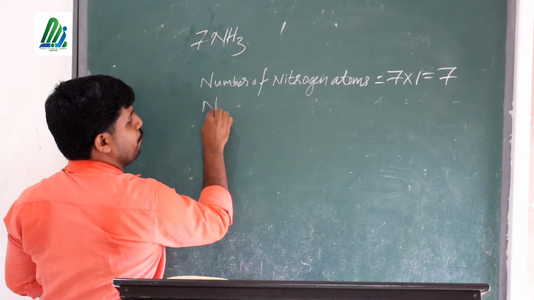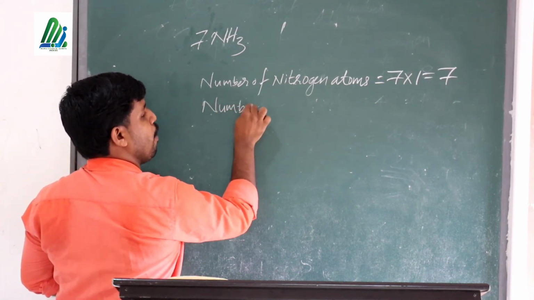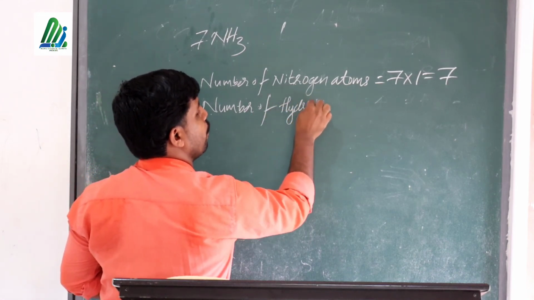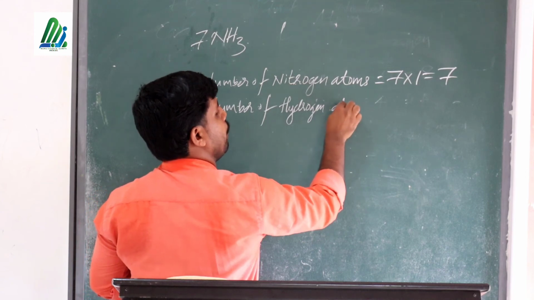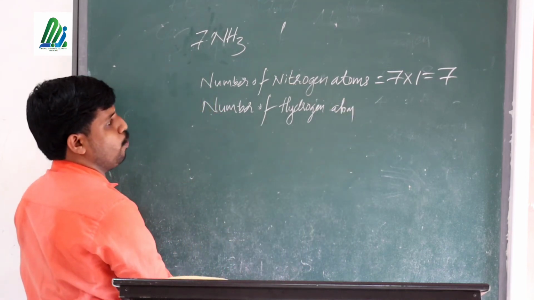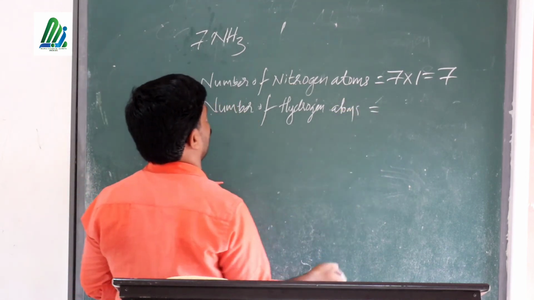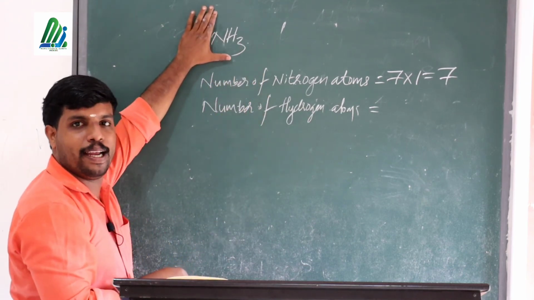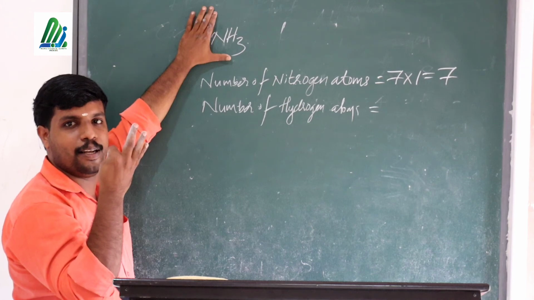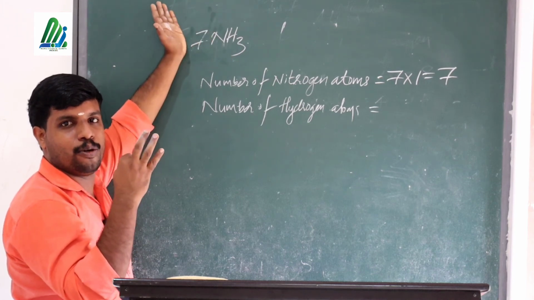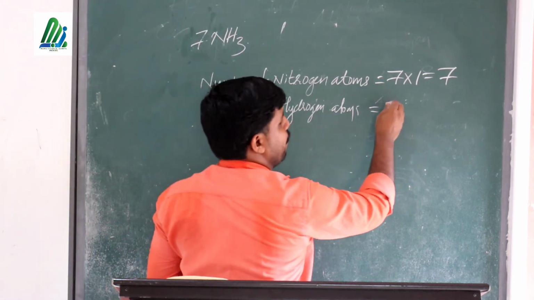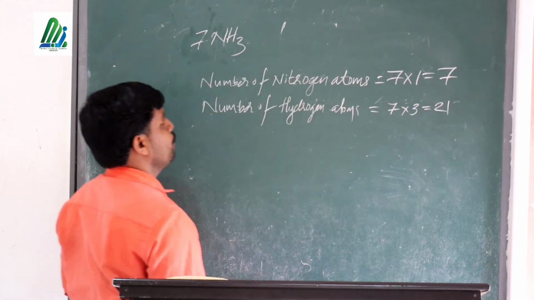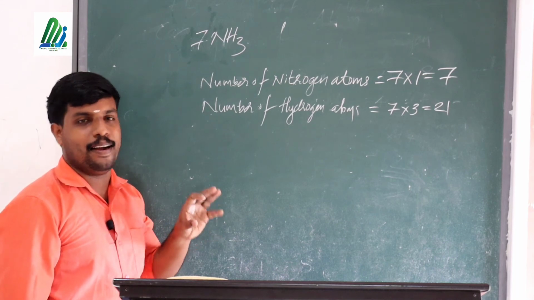Then number of hydrogen atoms: in one molecule, 3 hydrogen atoms. So in 7 molecules, 7 into 3, 21 hydrogen atoms.